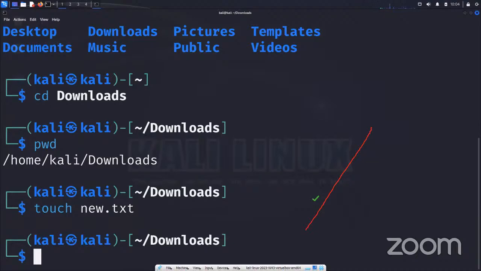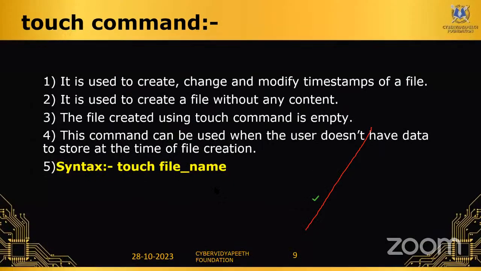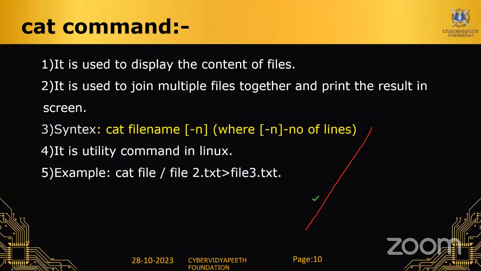Next, we have the cat command. The cat command is used to display the content of a file. So let's suppose we have many text files in our system and we want to read the content of a file. We will use the cat command for that purpose. It is a utility command in Linux.